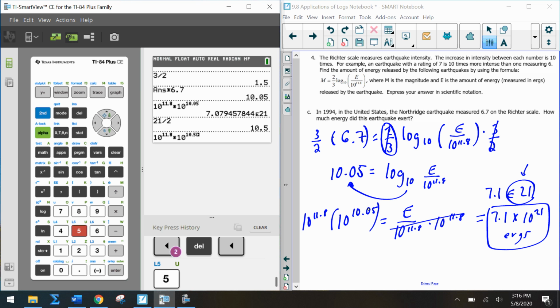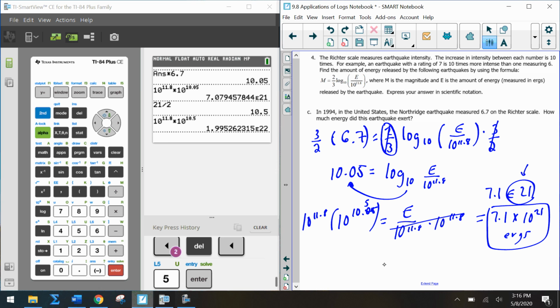So I made a mistake here. It's just 10.5. Okay, so if I hit enter, then the energy exerted was 1.9, or we could say 2.0 times 10 to the 22nd ergs.